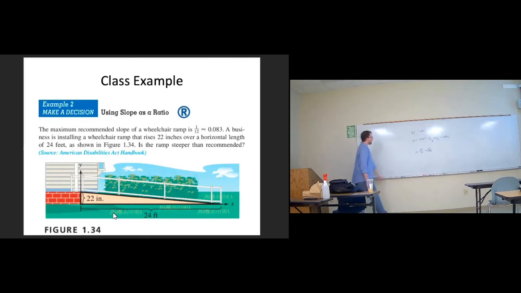Anyhow, so to find the slope of this inclined plane, we're going to take delta y divided by delta x. We just said delta y is 22 inches, delta x is 288 inches. Dividing the two gives us the slope of that inclined plane.